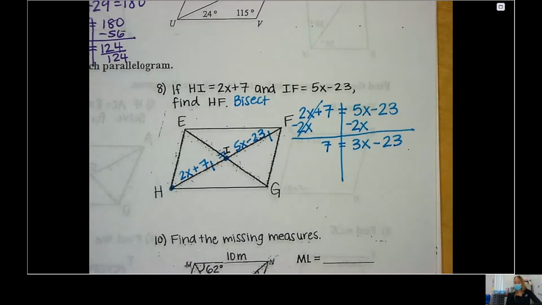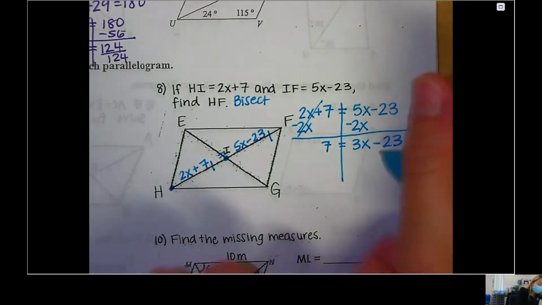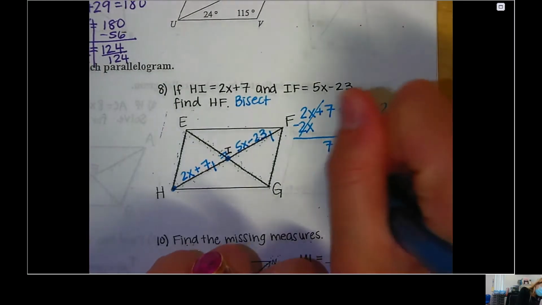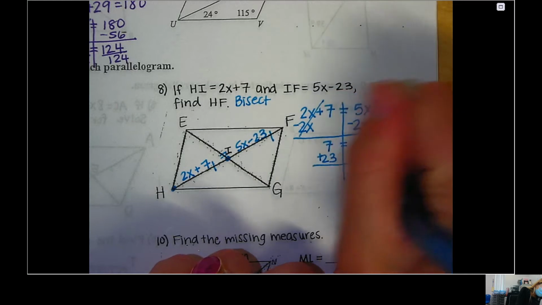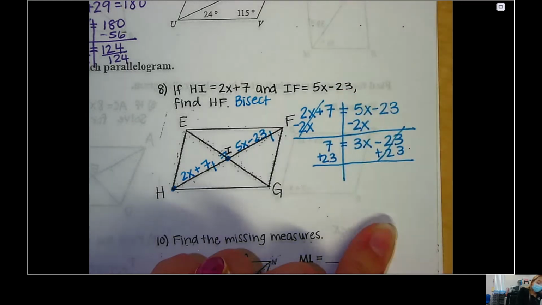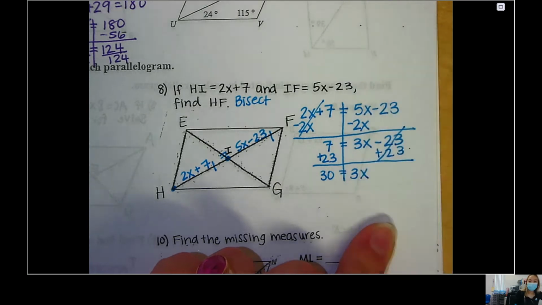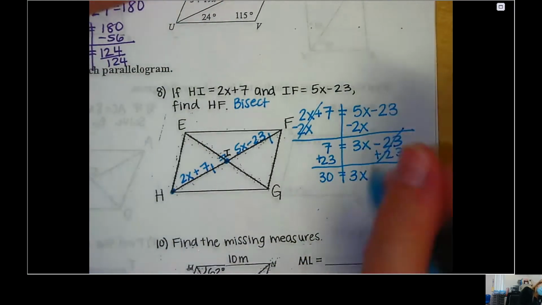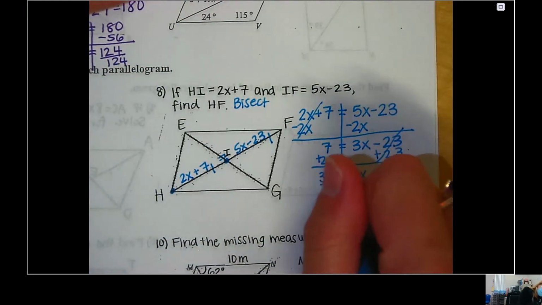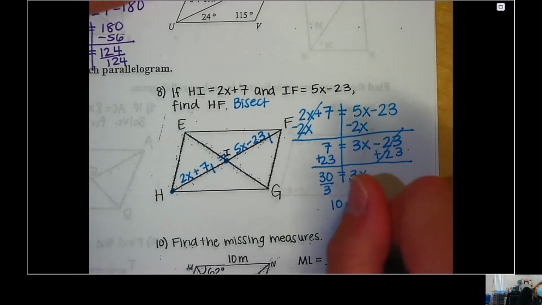What's my next step? Add 23 to both sides. I get 30 equals 3x. And then the last step is divide by 3. So I get 10 equals x.